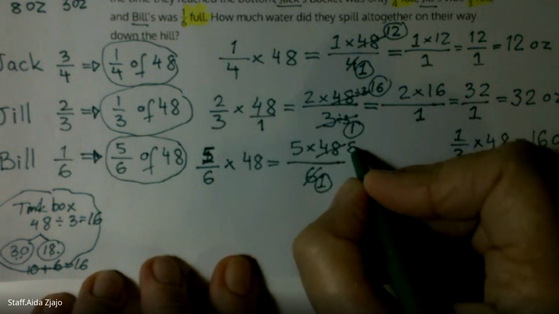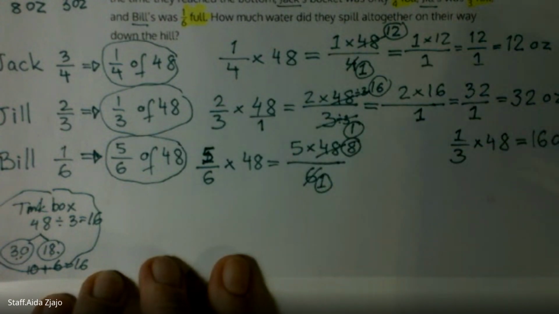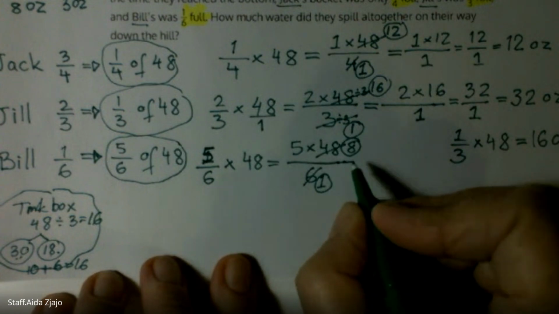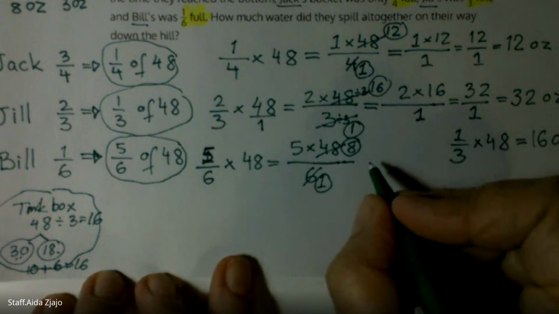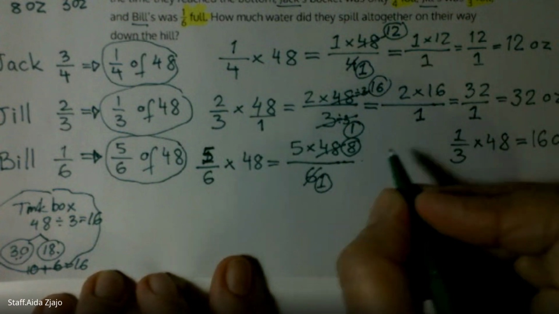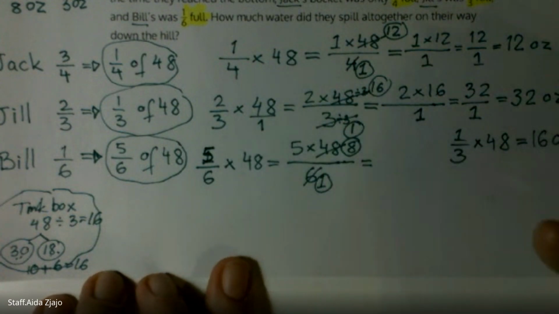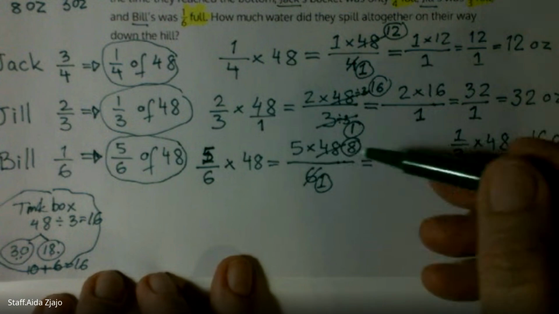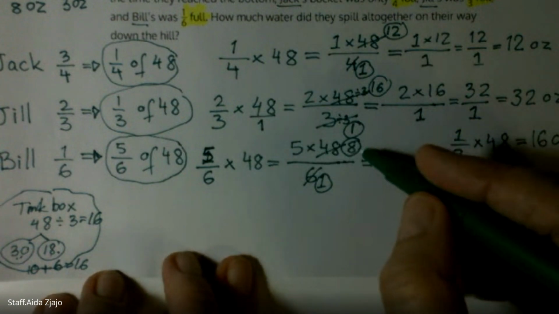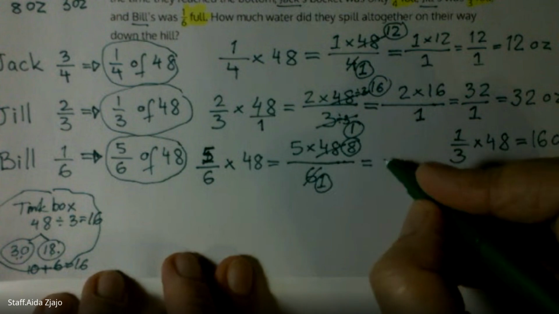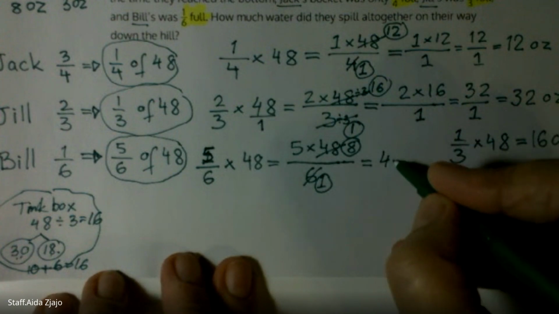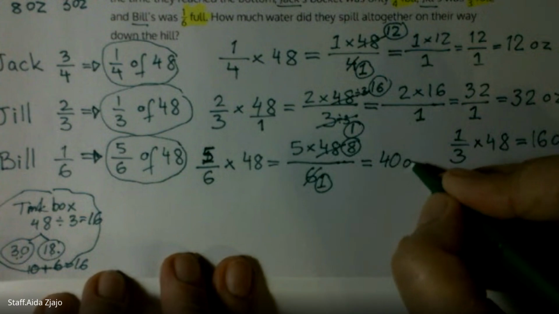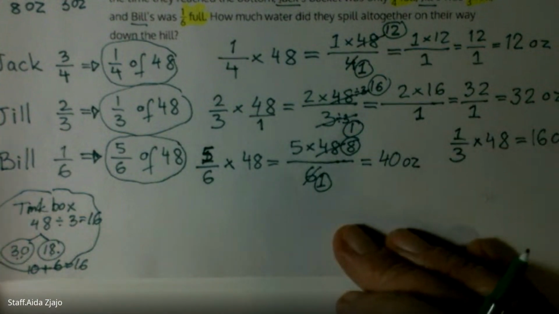So this should be the 8 left. If you don't know, you can always go back to the multiplication facts and figure out the one that you need. So now 5 times 8 is 40, divided by 1. So that means she lost 40 ounces along the way.